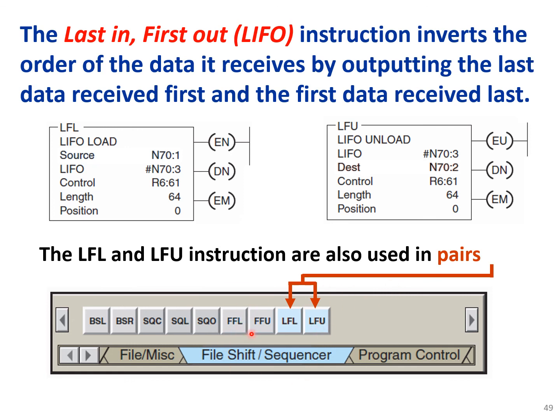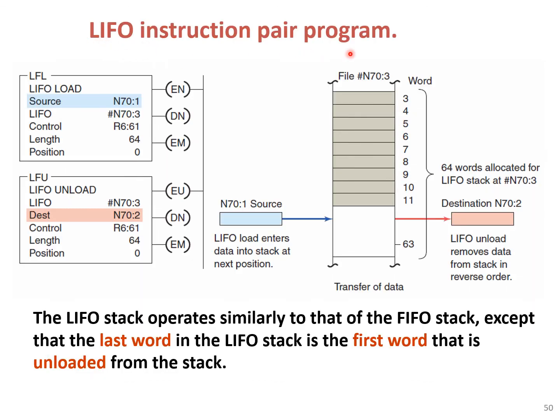For FFL and FFU also, in RSLogix and Allen Bradley type of PLCs, we could find it in the program. For the LIFO instruction in the program, we have loading and unloading. You see that the LIFO address for both should be the same, so they are the same.